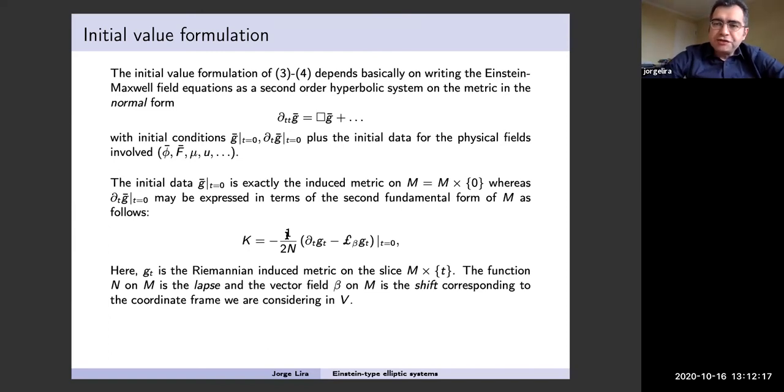The idea is to write the system of equations in normal form. So you can consider the parameter t, which is time, and take the second derivatives of the ambient metric, and try to write all of the equations in terms of some nonlinear D'Alembertian operator acting on the metric. That's the first part, to write the system in a normal form.